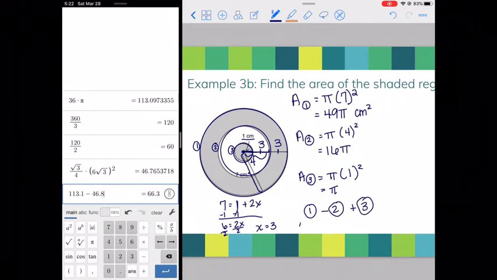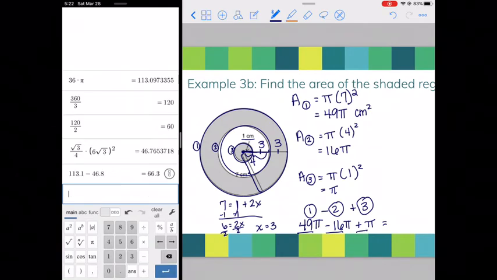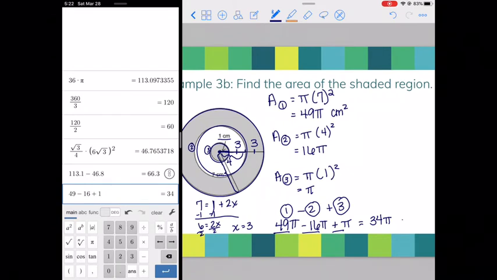So I'm going to do 49 pi minus 16 pi plus pi to get my final answer. So the pi kind of works like a variable. I'm just going to add up or subtract off the coefficients. So I'm going to do 49 minus 16 plus 1. And that gives me 34. So that'll be 34 pi square centimeters for the area of just the shaded parts.